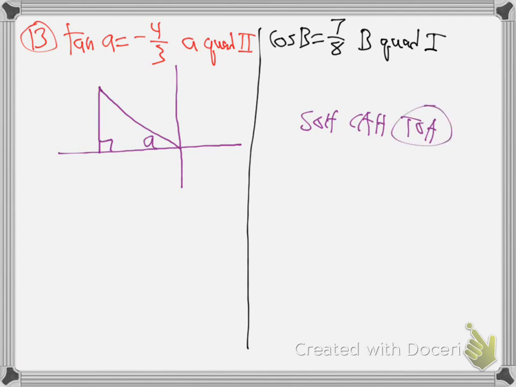So tangent is opposite over adjacent. Now, if you want to just skip the signs, you could do that and then just figure them out in the end. It's whichever way you want to do it. So this is opposite. This is adjacent. And this is hypotenuse.